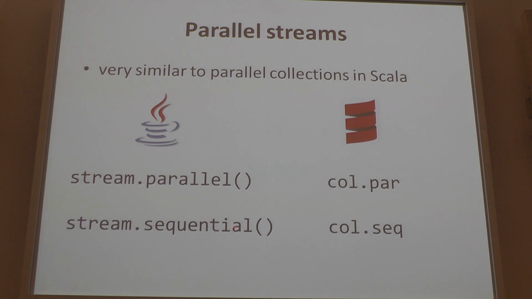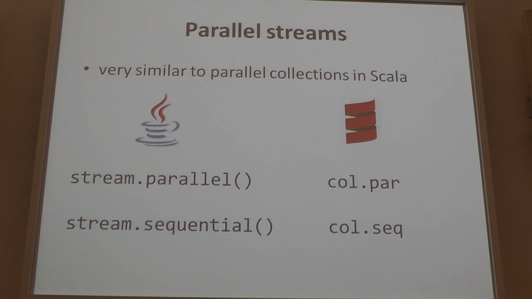So both of these methods still return a stream. There is no special interface, parallel stream and sequential stream. No, it just returns a stream that has the same methods like filter, map, flat map, and so on, but just the implementation is done in parallel.